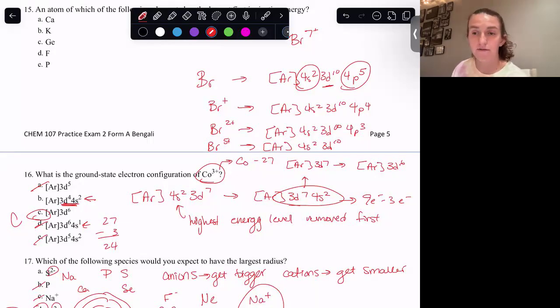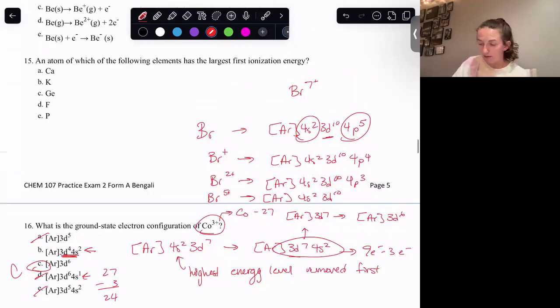So Andrea, you're gonna fill what is not full yet. So, right, if you have bromine, we said that was argon 4s2, 3d10, 4p5, right? We have a 4s orbital that's full.